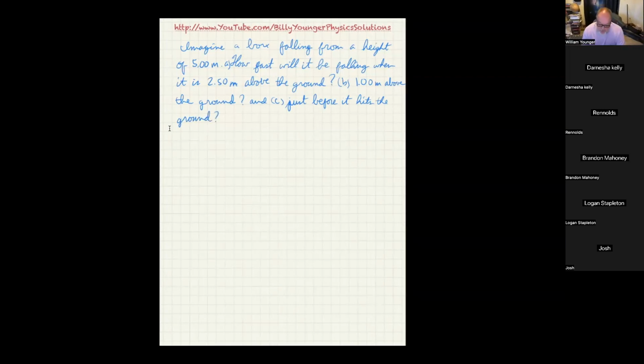So that's our scenario. I'm going to draw it like this, say. So let's say we have a box. The initial height of it, of course, is h equal to 5.00 meters.